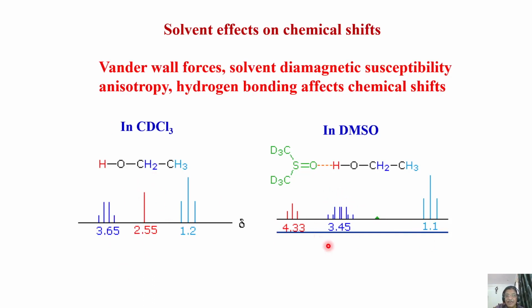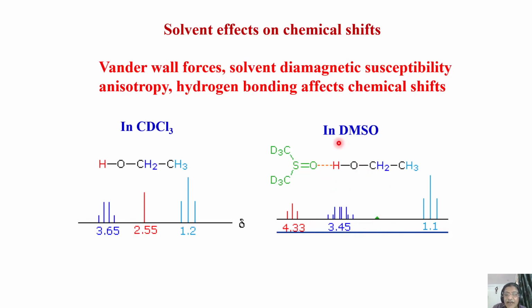Now you look at it, the CH2 moved from downfield to high field, and OH, which was around 2.5, comes to 4.33 ppm, moved downfield. In addition to that, this OH, which was a singlet, appears like a triplet here, whereas this was a quartet. Now you see two sets of quartets here. What does it mean?